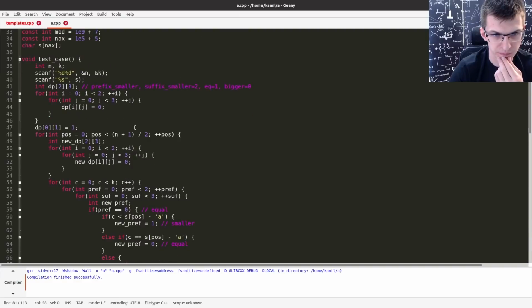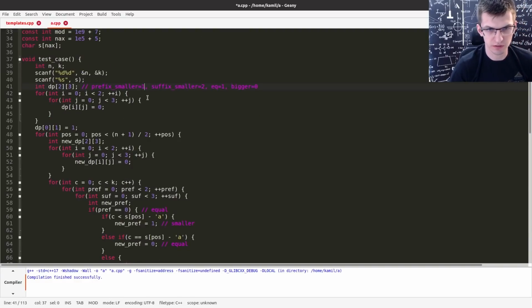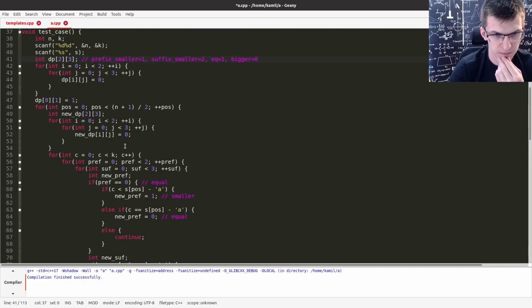Let's see. Here 1 means smaller. For every position I use 2 characters. Suffix is equal. Your suffix must be smaller.